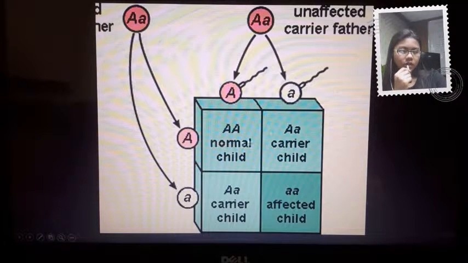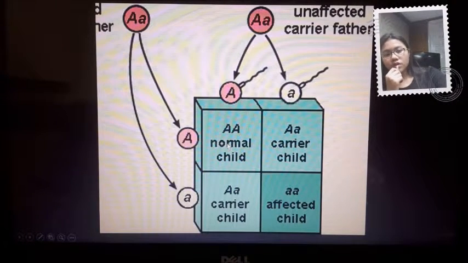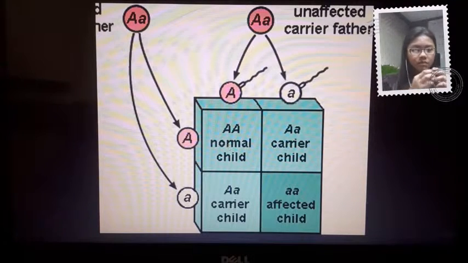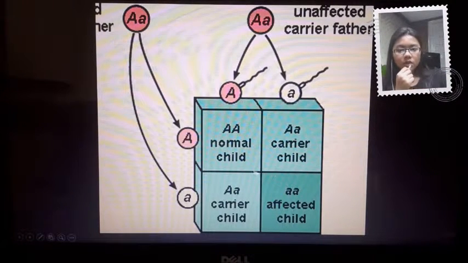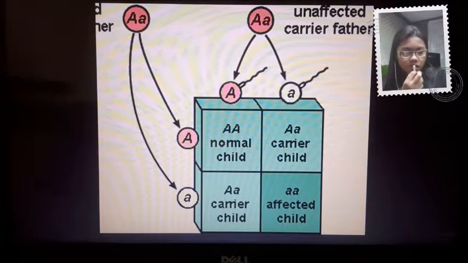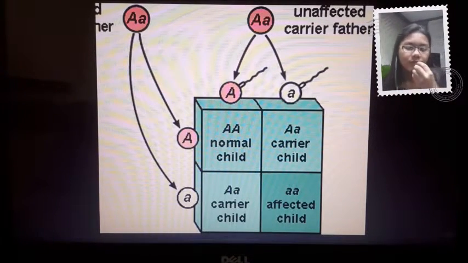It doesn't carry the recessive traits found in his mother and father, but there are 2 children who are considered carrier children because their genes contain this affected gene or the recessive trait, and then this one is the affected one because this child unfortunately inherits the recessive trait that both his or her mother and father have.